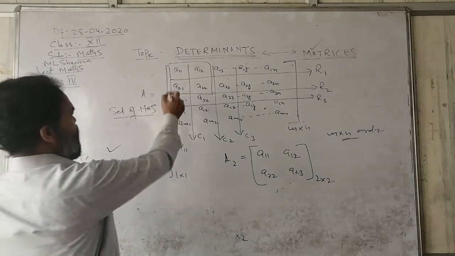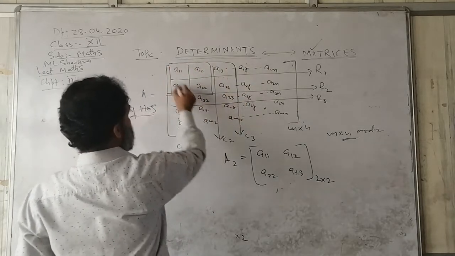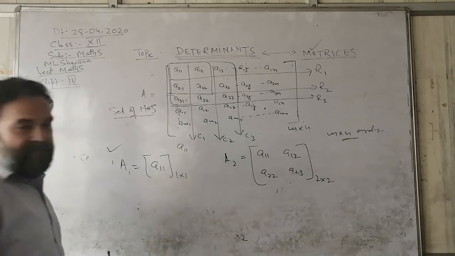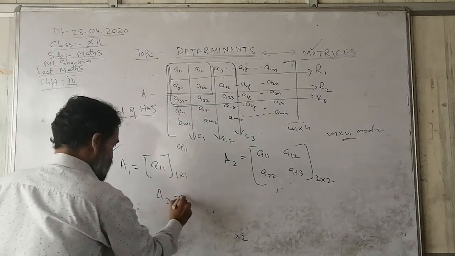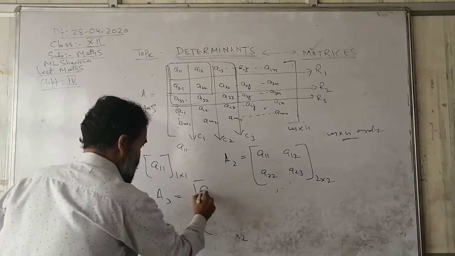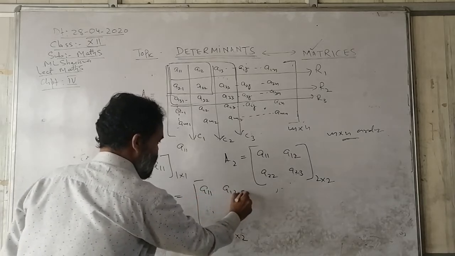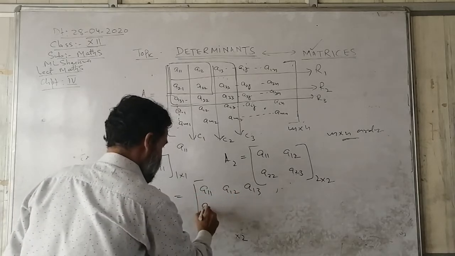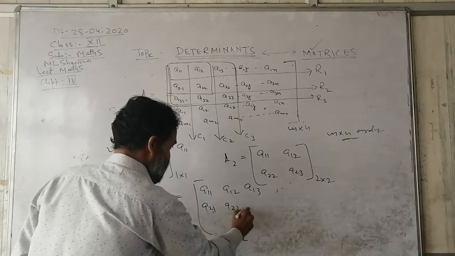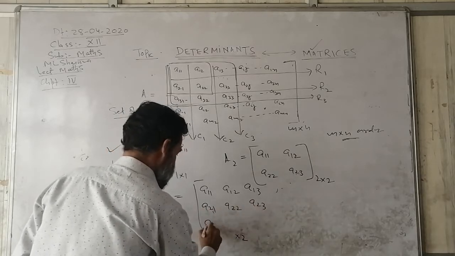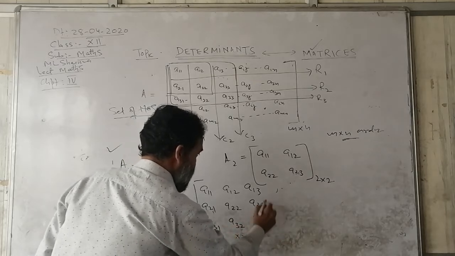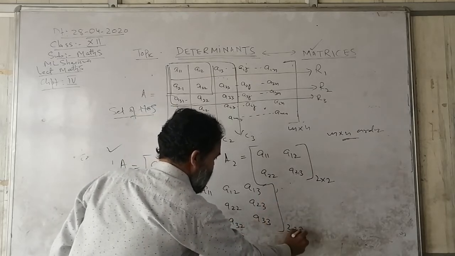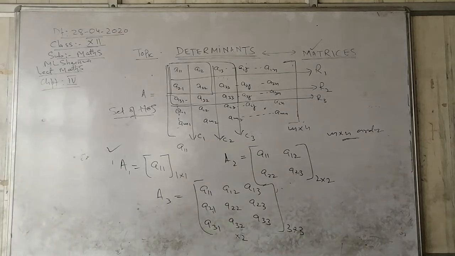Same way, I can extract a matrix of order 3 from this table. So in this way, I can write this as a matrix of order 3 by 3.